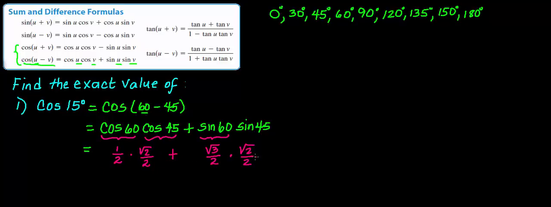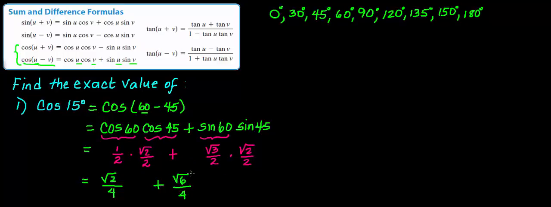So now I have this expression which I can simplify. First, we're going to use the order of operations, PEMDAS. I have to multiply before I add. So now I end up with, when I multiply these two values, 1 times the square root of 2, square root of 2, 2 times 2, 4, plus, same thing here, square root of 3 times the square root of 2, square root of 6, and 2 times 2, 4.